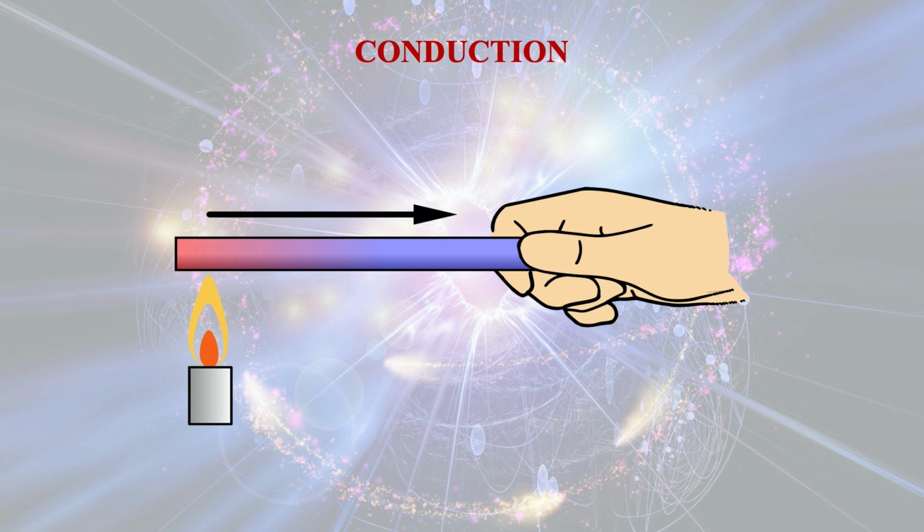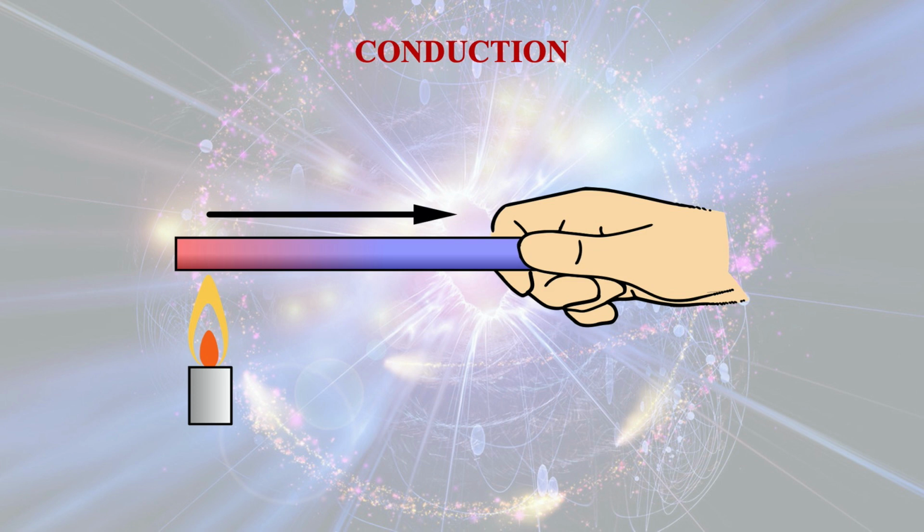Now we see how the heat is transferred in the conduction process. Here, if one end of the rod is kept on the flame, then the atoms and molecules at that part will start vibrating about their own positions, and in turn they will supply energy to the neighboring molecules, and the neighboring molecules will also start vibrating.